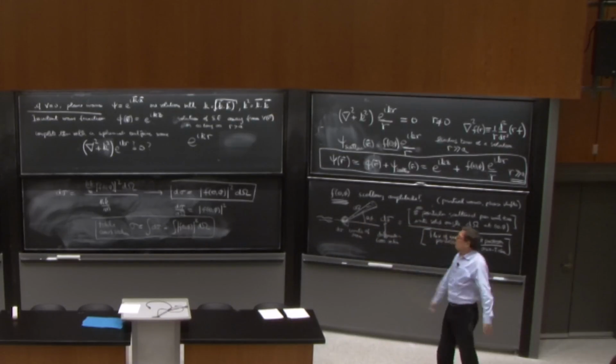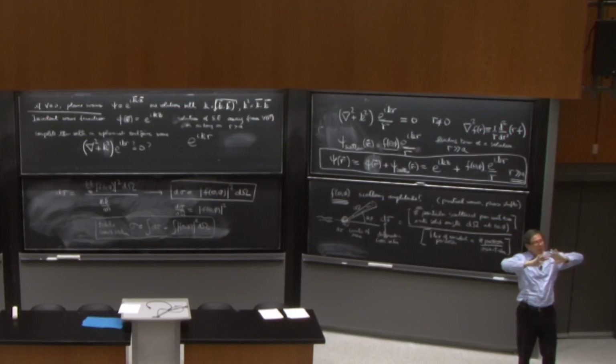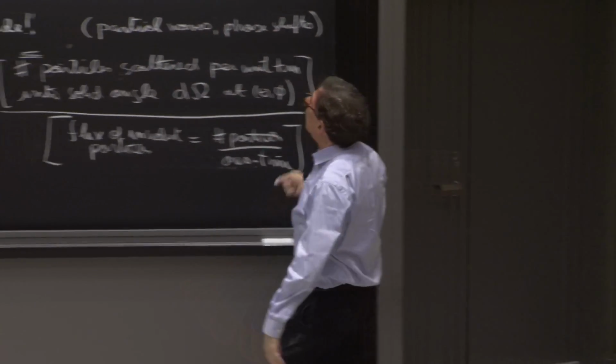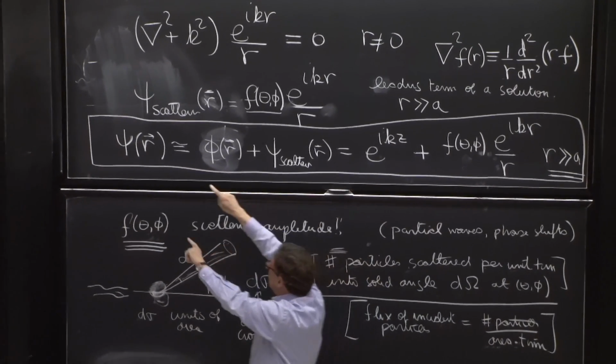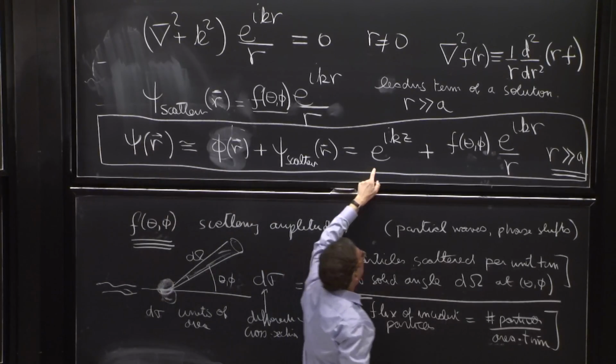So we've set up the problem. What are the main things that we've learned? We have the scattering center. We have our physical condition of a wave coming in, our physical condition that the wave comes out. Those are represented here. And this situation is saying that this is an approximate solution far away.